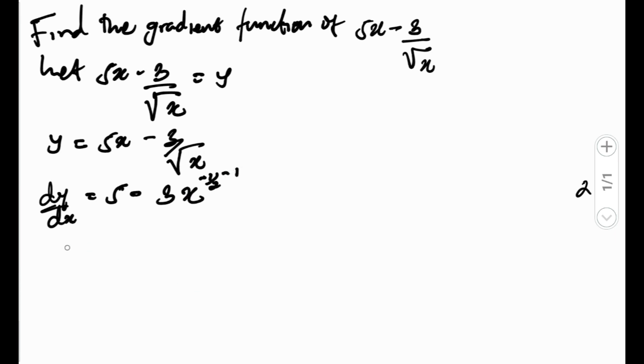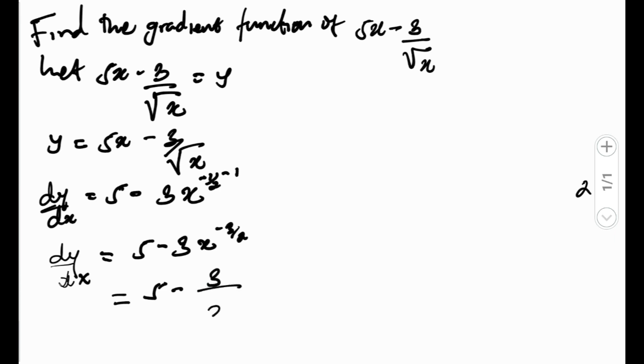Therefore I would have dy/dx being equal to 5 minus 3x to the power -3 out of 2, which is equal to 5 minus 3 all over x to the power 3 out of 2.